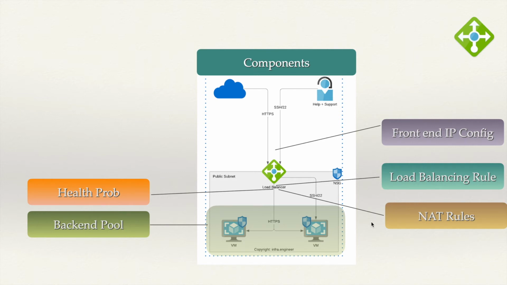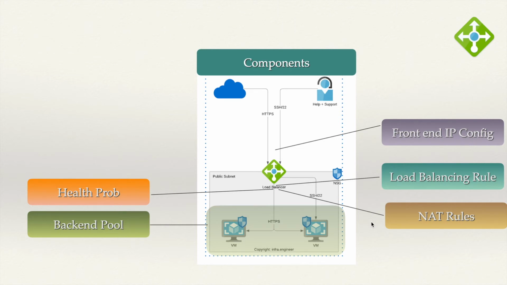So if you want to target a specific machine for RDP purposes, what we typically do is configure the NAT rule, and we define a custom port. Let's say I define a custom port as 5000, and say if a request is coming to port number 5000, then redirect to machine ABC or VM1 basically.